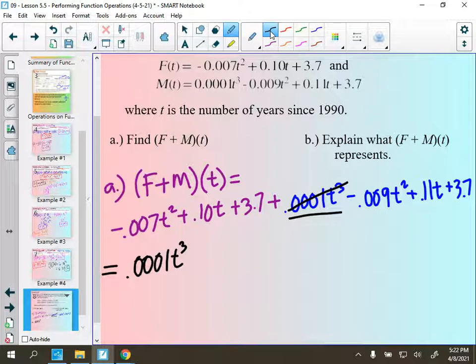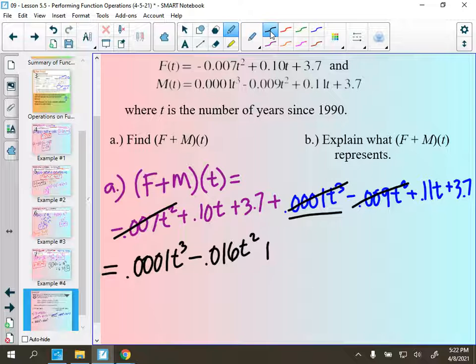Let's see. We're going negative 0.007 minus, so that should be negative 0.016 t squared. I'm not reaching for the calculator, but I think 7 plus 9 is 16, and slide our decimal over 1. Okay.